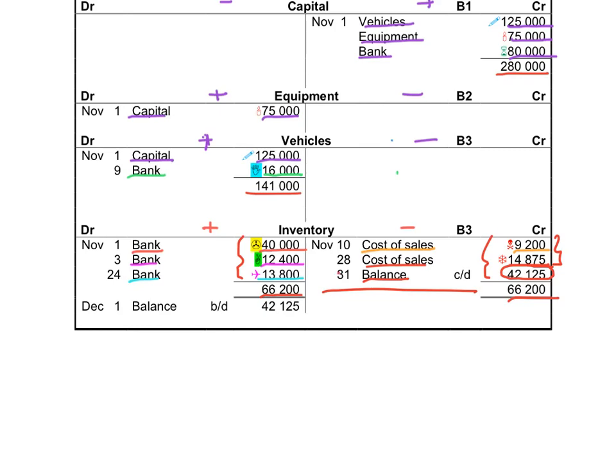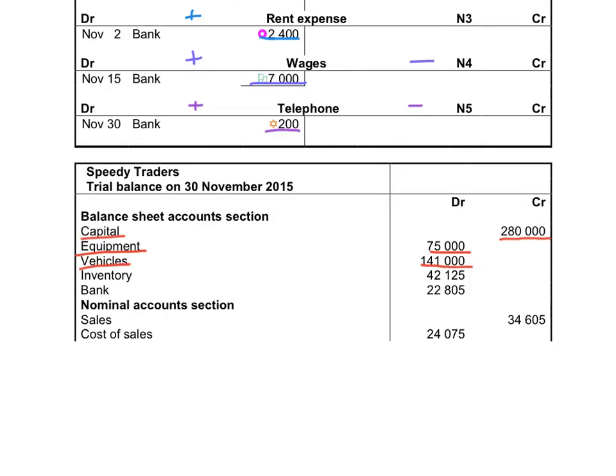This balance will be brought down to the next month on the opposite side, and we will indicate that on the 1st of December we have inventory with a value of 42,125. Because this balance is brought down on the debit side, it will be shown in the trial balance on the debit side. And we will indicate in the trial balance that the balance for inventory on the debit side is 42,125.